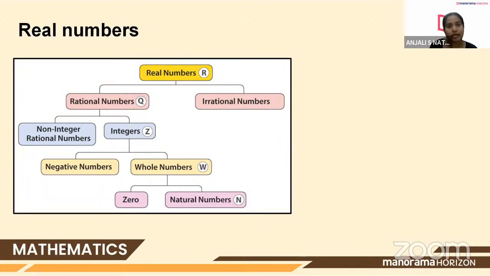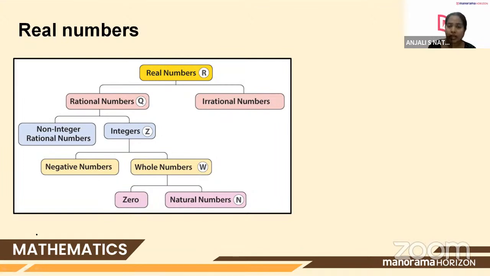So from the base, the first type is natural numbers. We all know what natural numbers are. Simply we can say they are counting numbers: 1, 2, 3, 4. That is natural numbers. Simple. So if we include a 0 with these natural numbers, we get whole numbers.